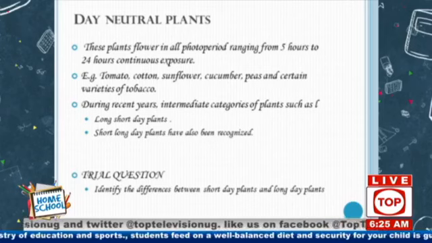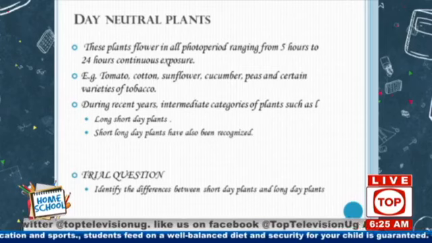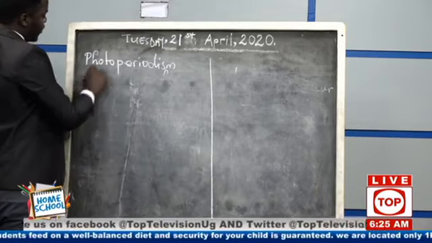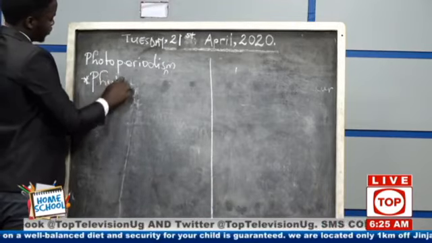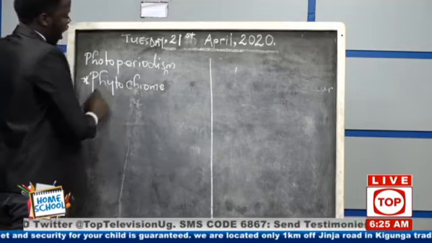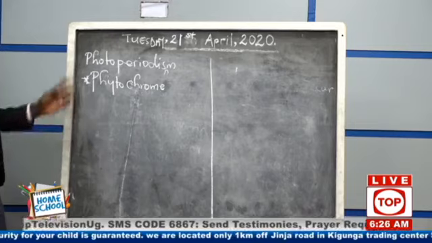When we want to assess why these plants respond like this, we look at a material known as the phytochrome. I talked about the phytochrome yesterday, just that I didn't mention this word.